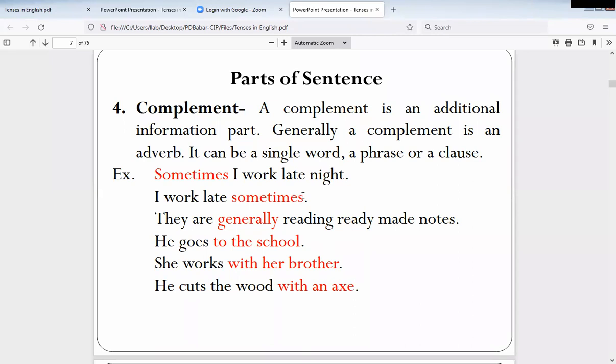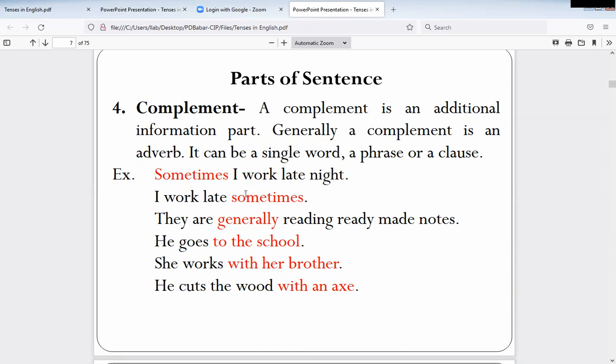So I is the subject, work is the verb, late is the complement, and sometimes here is also a complement, but it comes after the first complement, that is late, okay.